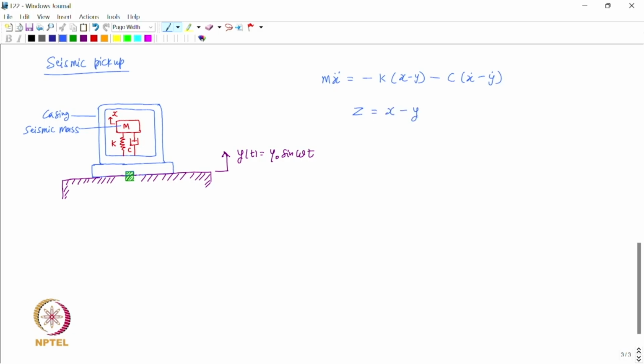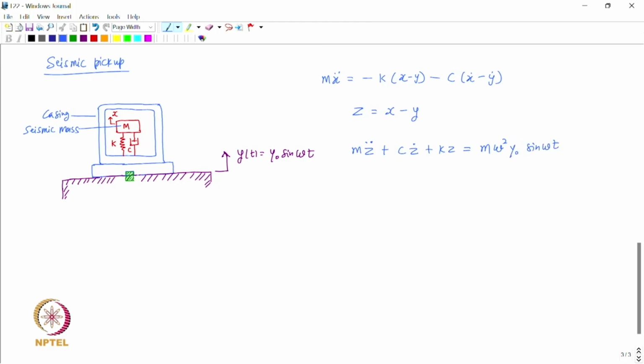So, if we substitute this relative displacement z into the equation of motion and simplify it, we end up with this equation: m z double dot plus c z dot plus k z is equal to m omega square y naught sin omega t. So, this is the equation we get.